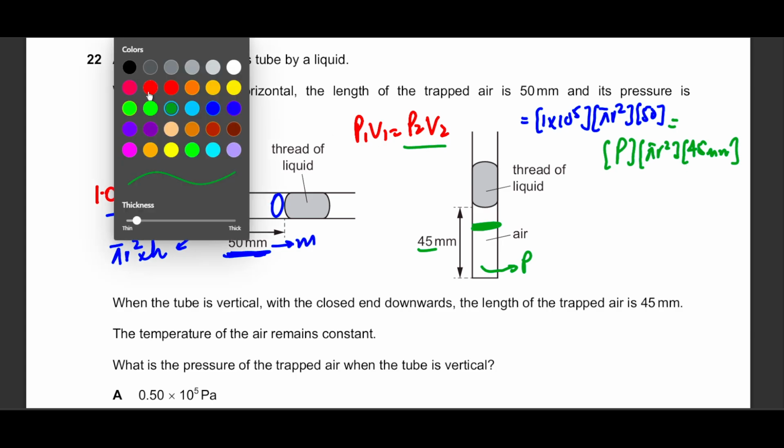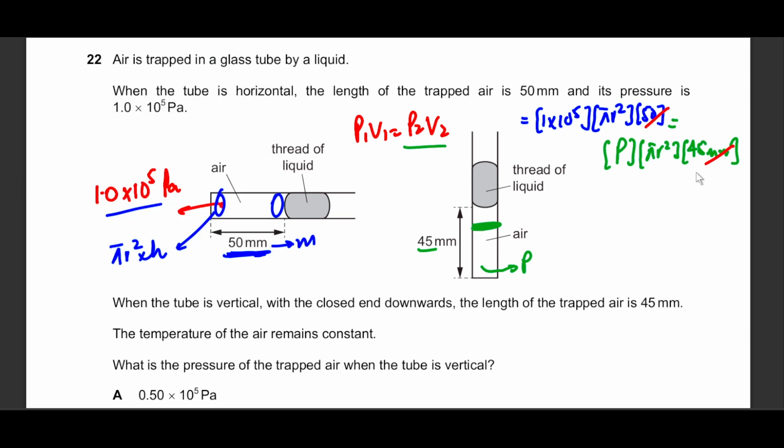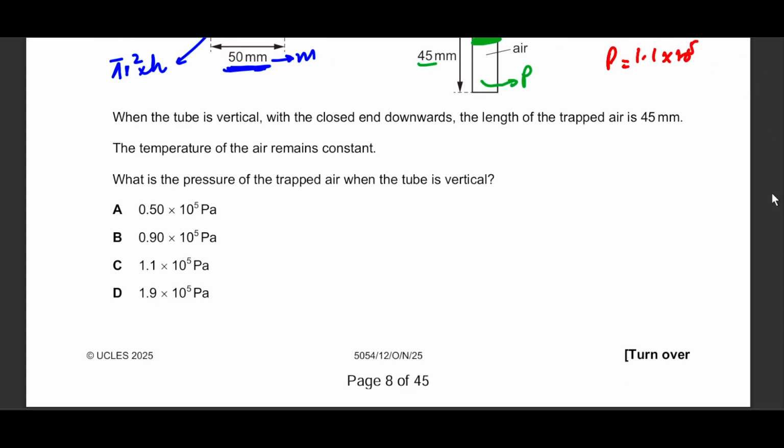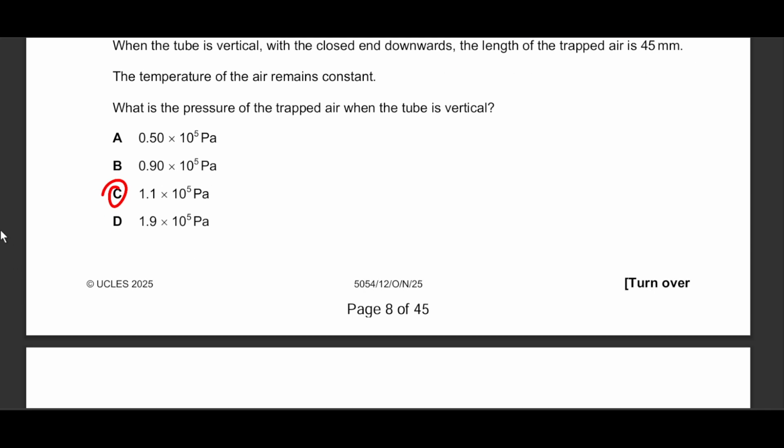Now you notice that the millimeters will be cancelled from both sides with the 50 and with this. And pi r squared gets cancelled with pi r square. So we are left with an equation which looks like 1 into 10 raised to the power 5 into 50 equals P into 45. So the new pressure comes out as 1.1 into 10 raised to the power 5. It's going to be option C.